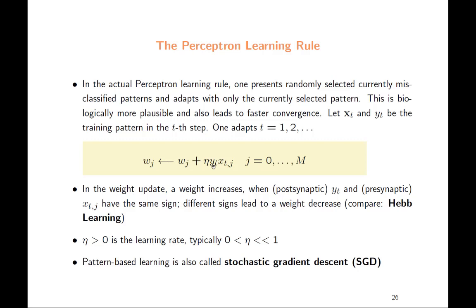And if the signs differ, then it will decrease the synaptic strength. But don't take it too literally. It's more like some interesting connection. Of course, some of the things going on in the perceptron learning rule might not be so biologically plausible. Eta larger than 0 is a learning rate, typically between 0 and 1.